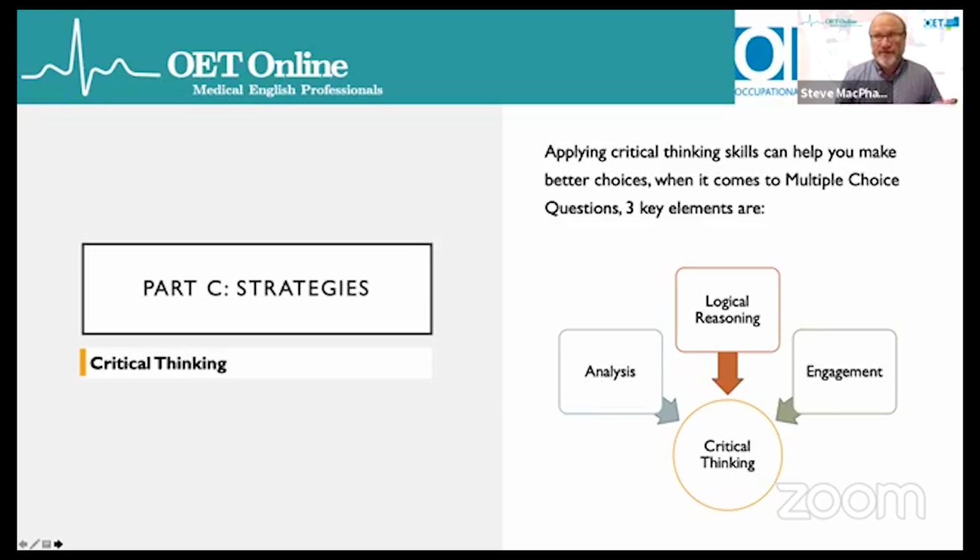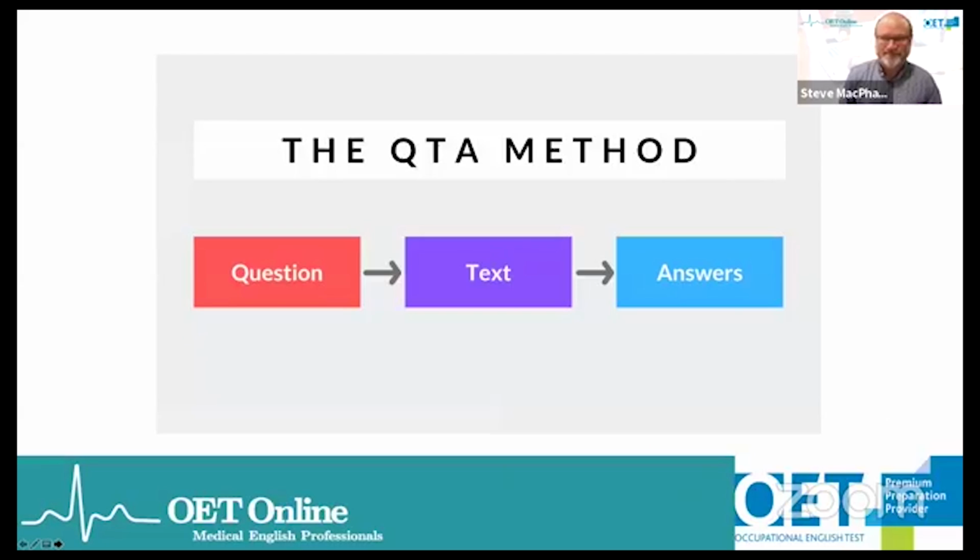Perhaps you have some degree of familiarity with it, but you need to engage with that and bring in your experience and understanding, both medically and of the world, to help you make the right decision. So engagement is important. It's not just a group of words. The words have meaning, so you have to identify that meaning.